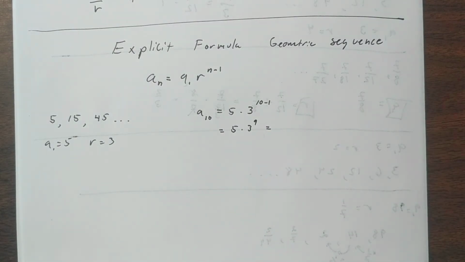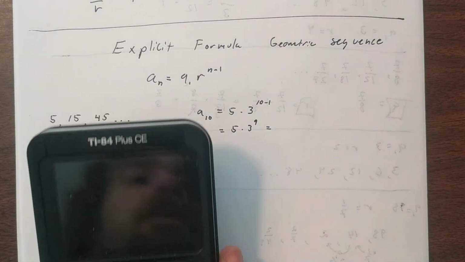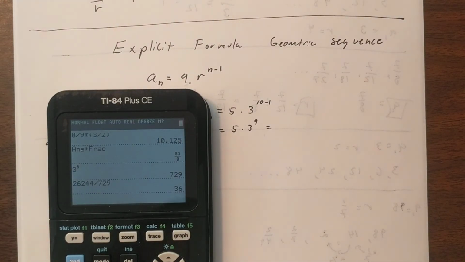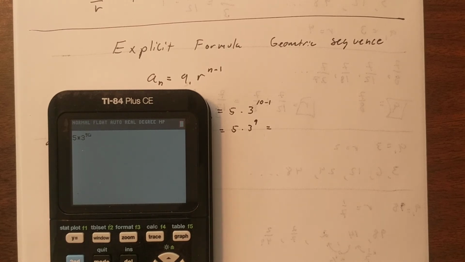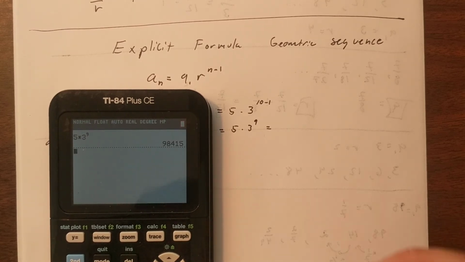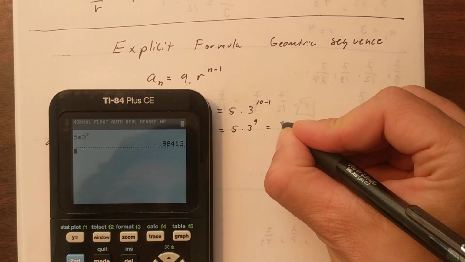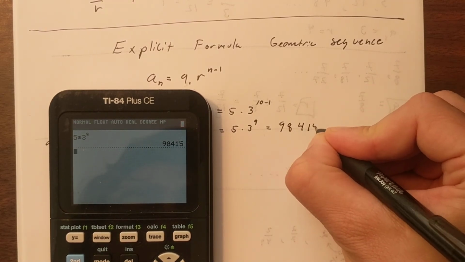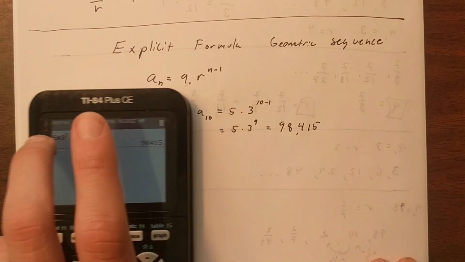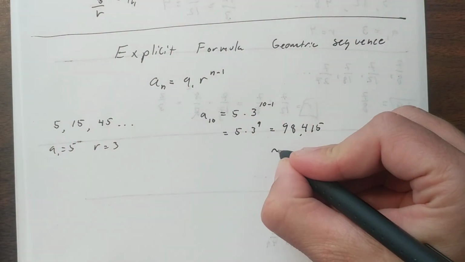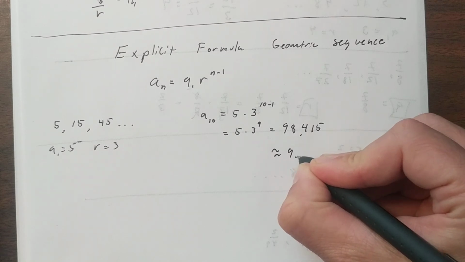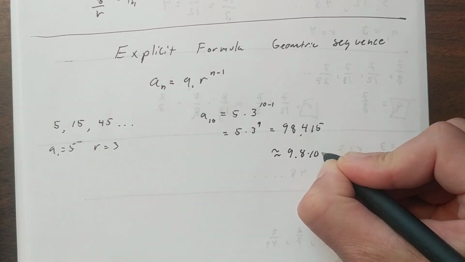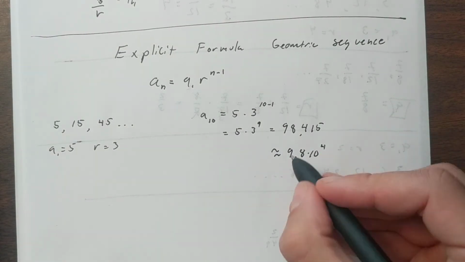Now, these things grow really quickly. So what is 5 times 3 to the 9th? Hopefully you can see that. And that is going to equal 98,415. In other words, this is about 9.8 times 10 to the 4th.